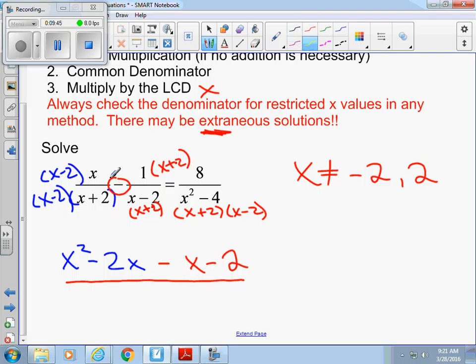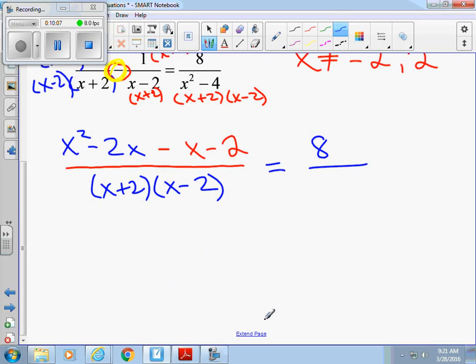Anytime you see a negative in two fractions subtracted, remember that negative goes with everything on the top. So you have to be careful. Common mistake place. The denominators stay the same. And the fraction on the right doesn't need anything. Are all the denominators now the same?